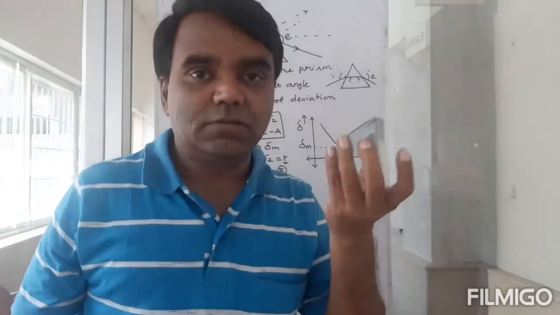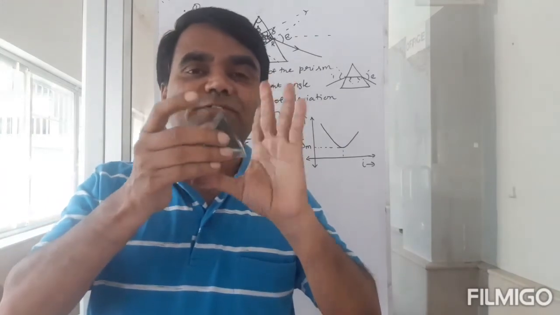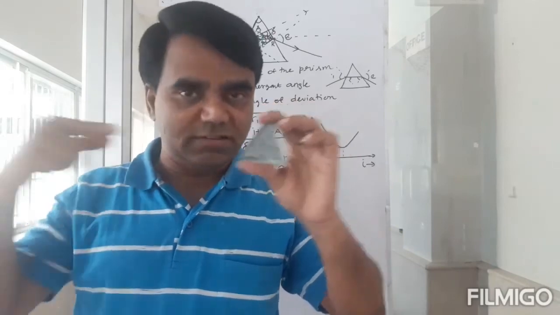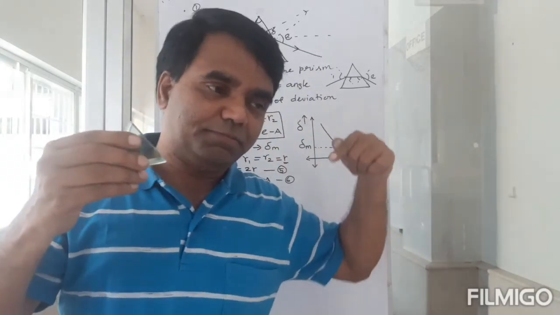If they want you to find the refractive index of this medium, then they can have a pin and then send a ray and try to see where I see the pin.